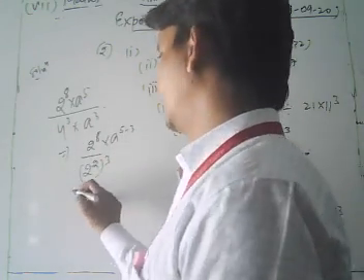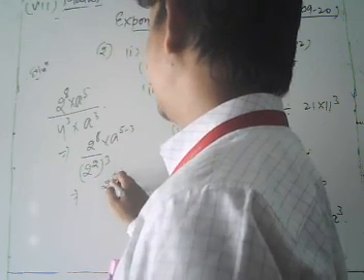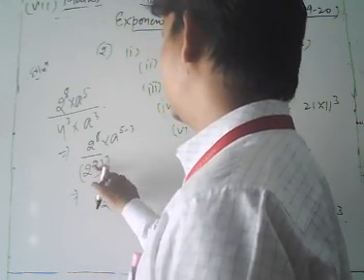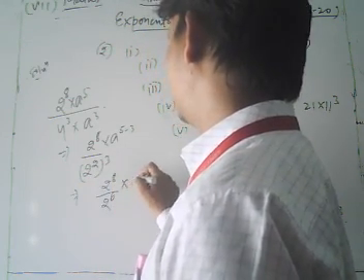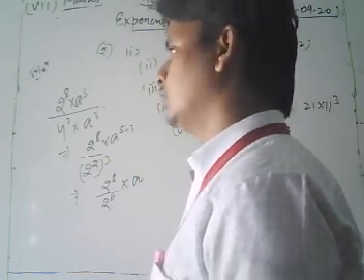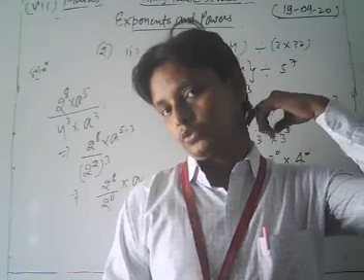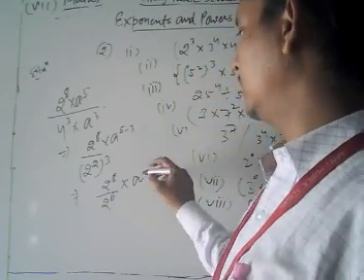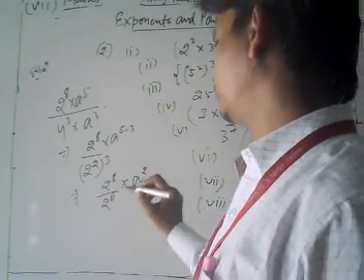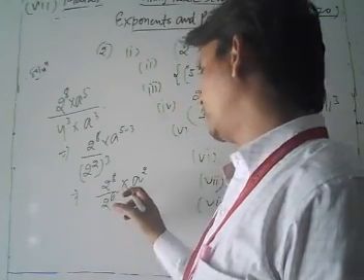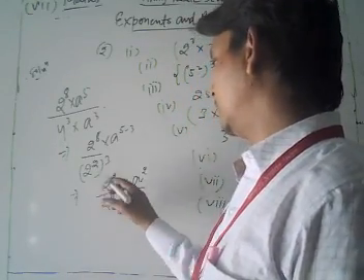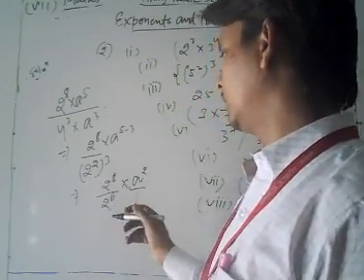Now look what I do, we write 2 power 8 upon 2 power 2 times 3, which is 6, into 8 to the power 5 minus 3. What is 5 minus 3, dear students? 5 minus 3 means 8 to the power 2. Okay, upon here nothing, that is 1.